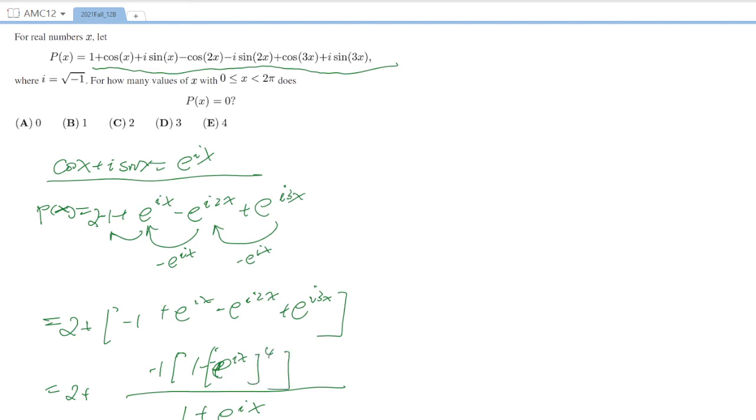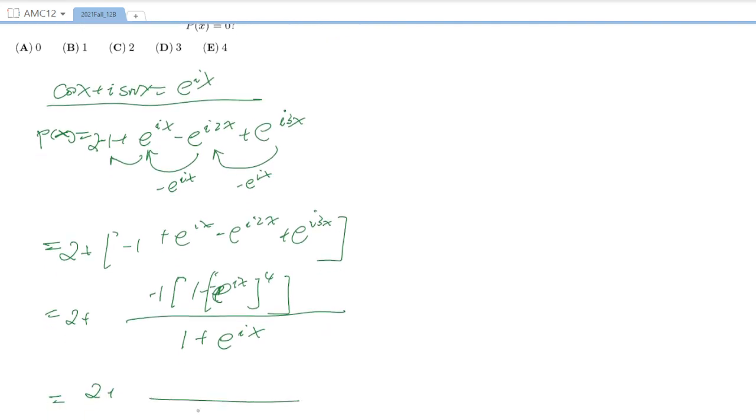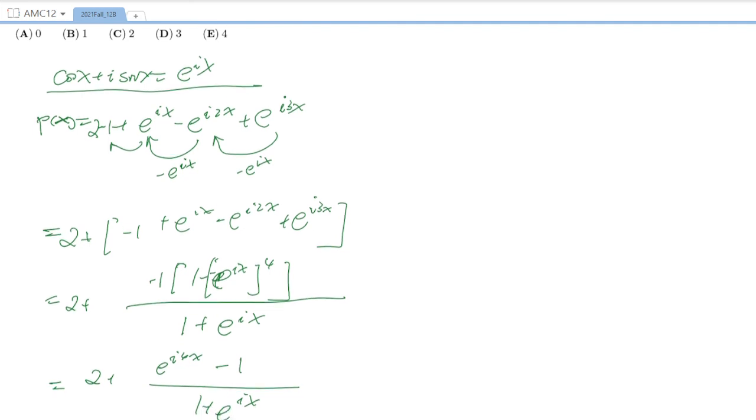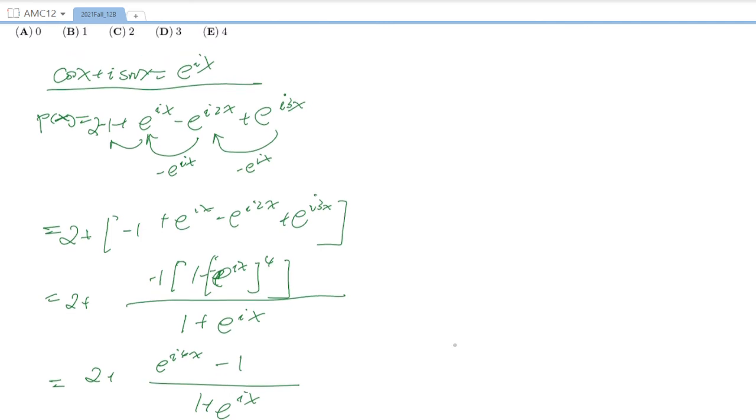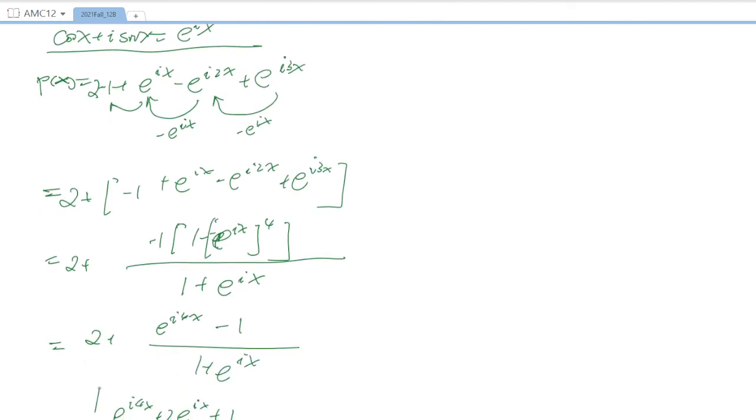So it will equal 2 plus 1 plus e^(ix), and then it will be e^(i4x) minus 1, right? Let's further simplify it. It will be 1 plus e^(ix), then e^(i4x) plus 2e^(ix) plus 2 minus 1 plus 1 equals 0. So this means P(x) equals 0, right?